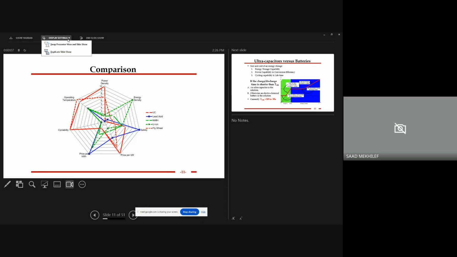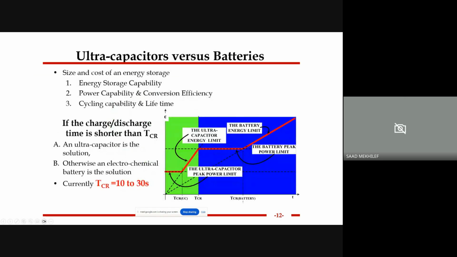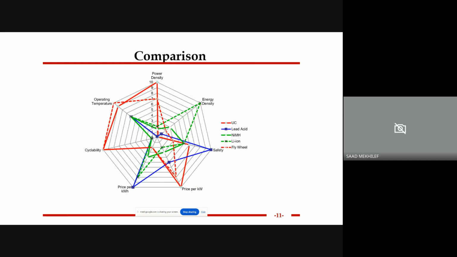All right. So if you look into this, what can you see? For example, like I said just now, the ultra capacitors.